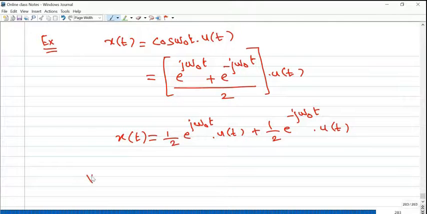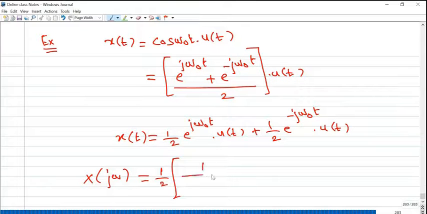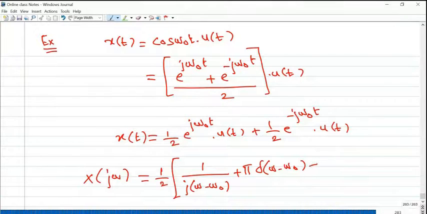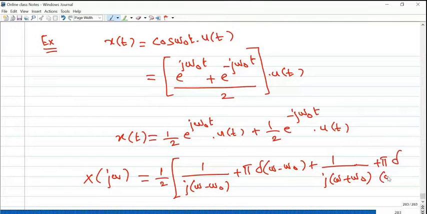Shall I write it directly? Because in the previous problem we discussed how to solve it. The result is 1 by 2 times [1 divided by j(omega minus omega naught) plus pi del of omega minus omega naught] for the first term. For the second, 1 divided by j(omega plus omega naught) plus pi del of omega plus omega naught. So this is the result.